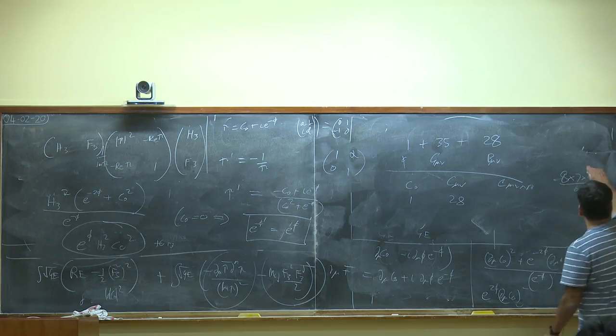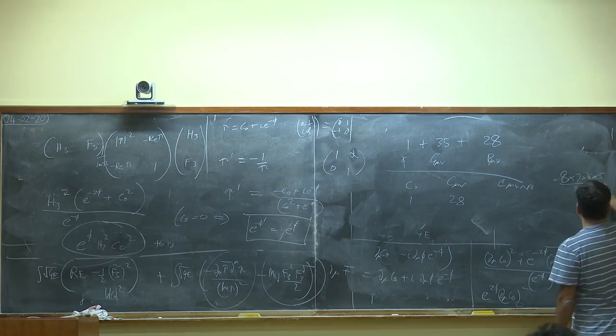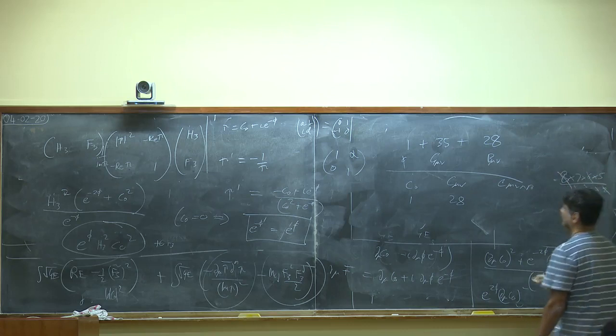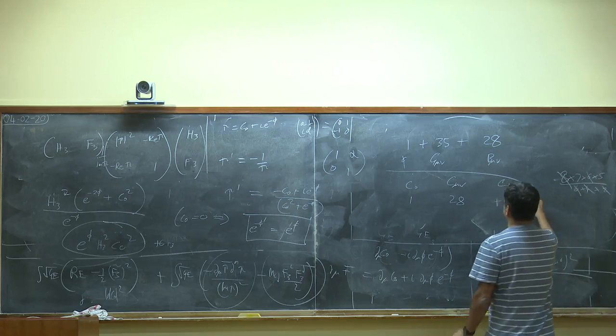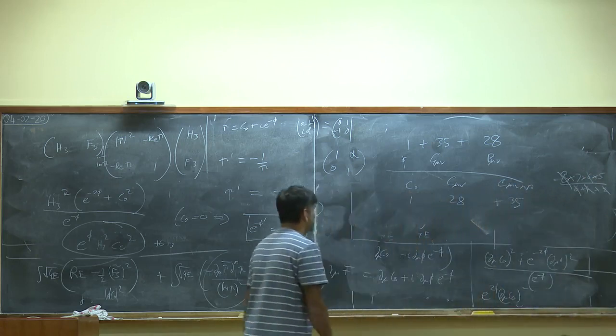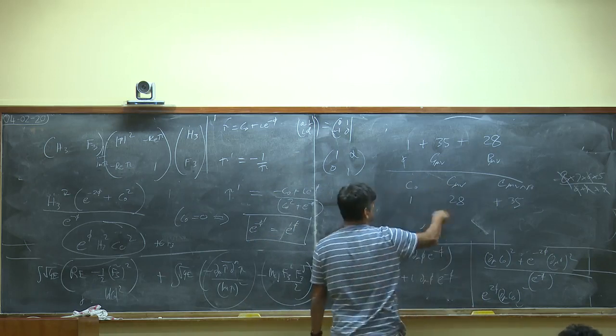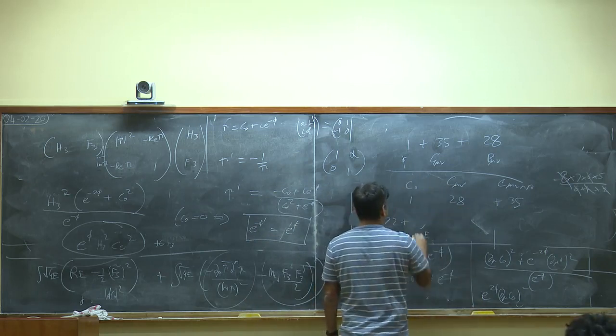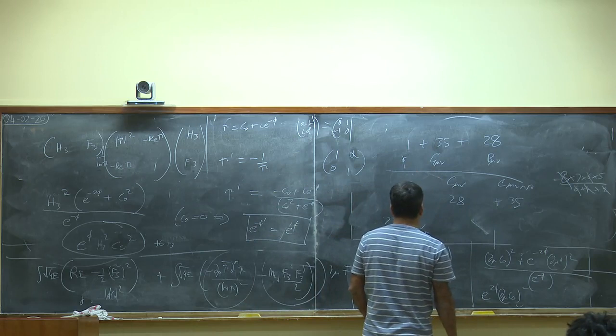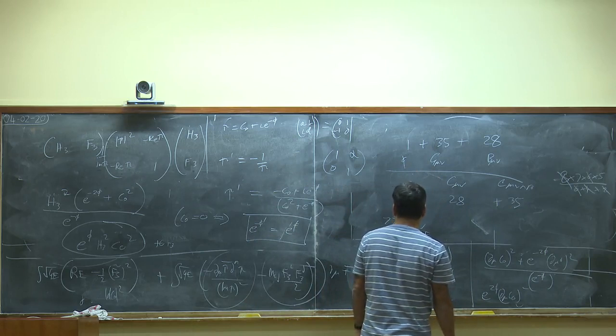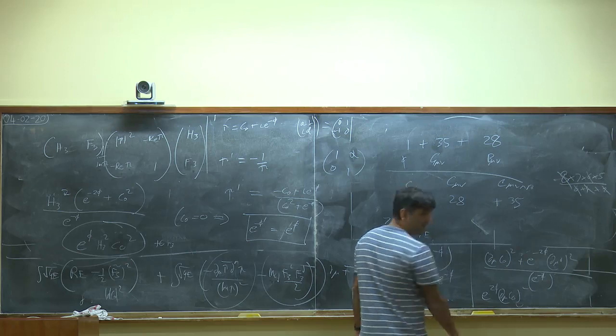Okay? So 6 cancels 6, 8 cancels 8, so that's 35. And now let's add it up. So we get 36 plus 36, that's 72, plus 28 plus 28 is 56, yeah, 128.